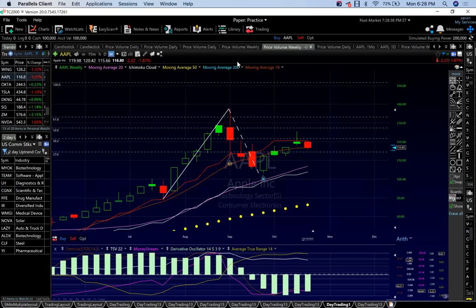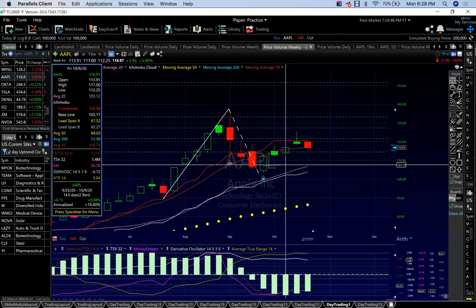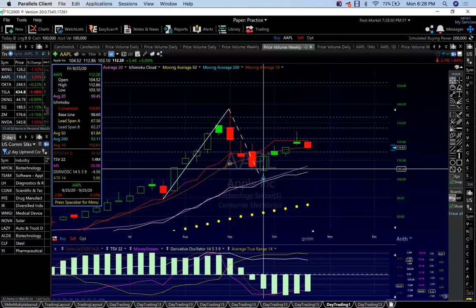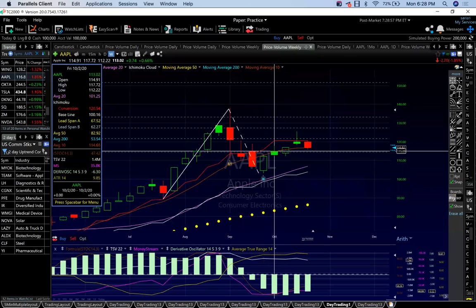It's always good to have a couple of weeks in the belt. For example, look at this Apple. From 103, it took $10. It went to 112.86. Where did it finish that week? It finished at 112, so close to $10. Then the next week, it didn't go all the way.